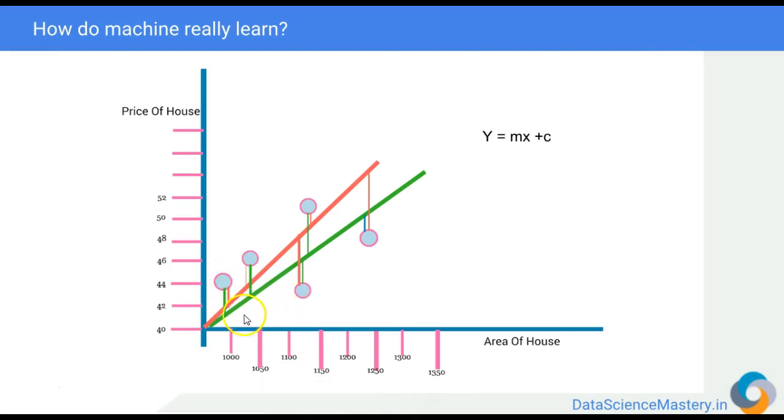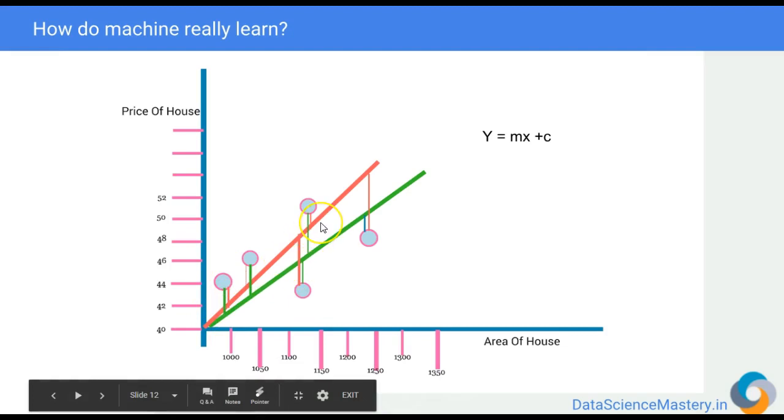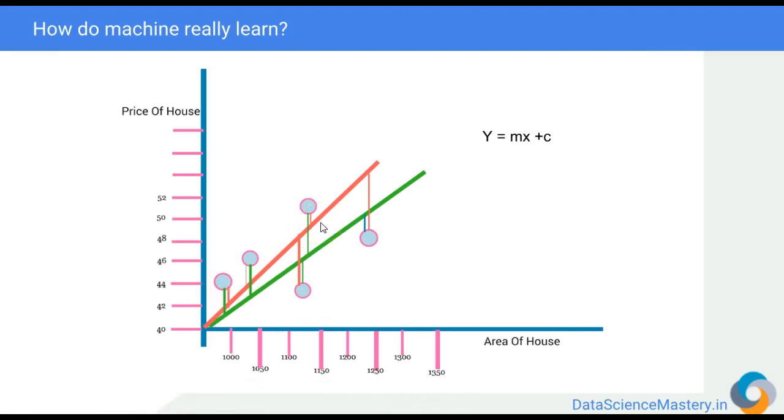It does not represent all the data because not all the points lie on this line, but it is a representative of these points. And more importantly, once we have this line, mathematically we can get its equation, and once we have the equation, we have the ability to predict the future prices in this example.